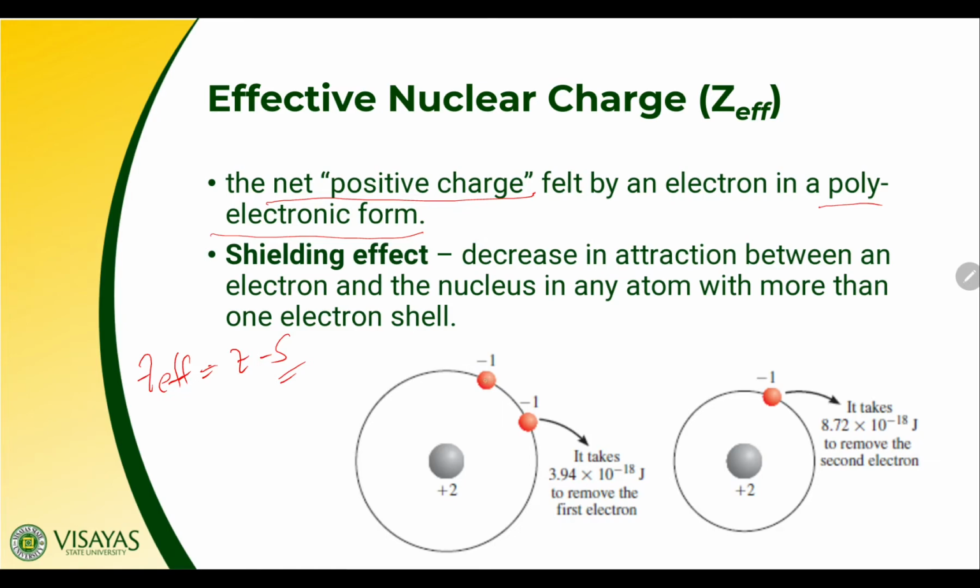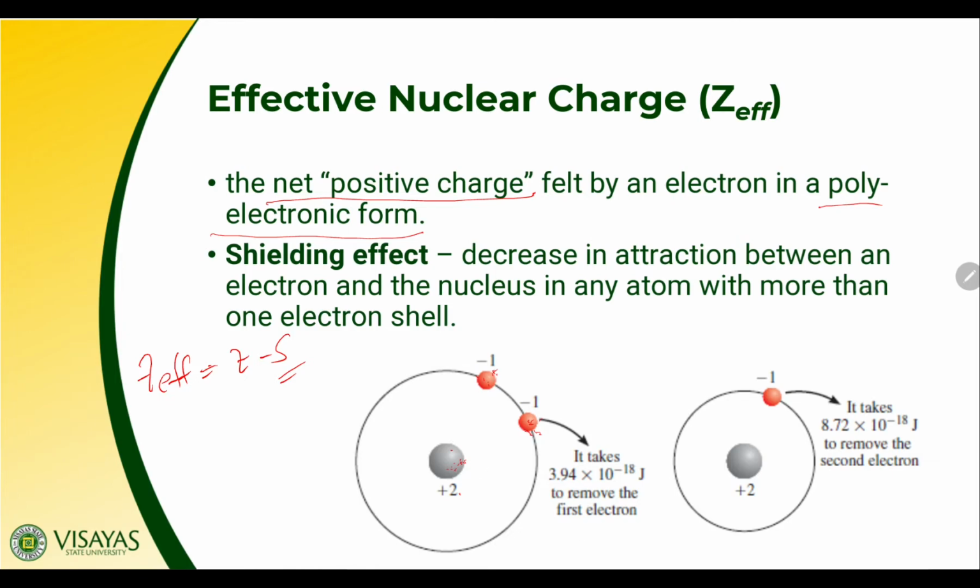Again, the electrons are negatively charged, whereas our nucleus is positively charged because of the presence of the protons. So these electrons again are attracted towards the protons in the nucleus. Now what happens is, these electrons tend to shield each other. So their attraction towards the nucleus is decreased.